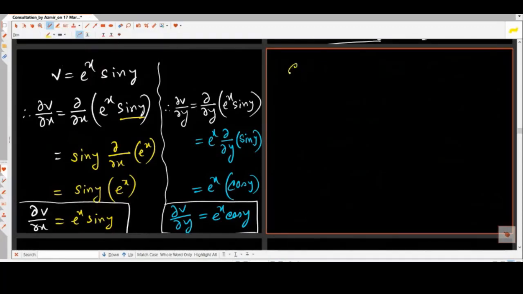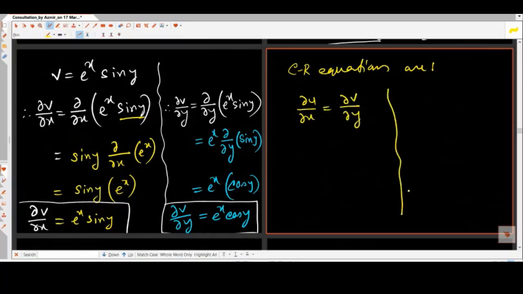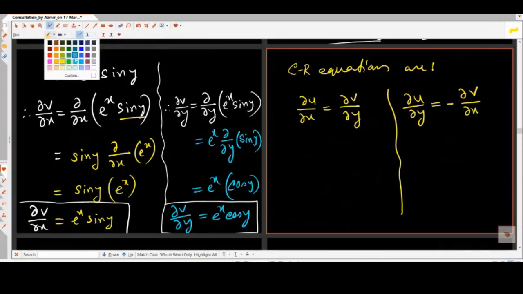So we know that Cauchy-Riemann equations are du dx equals dv dy and du dy equals negative dv dx. So let's verify whether these two equations are satisfied or not. So first of all, what is du dx?